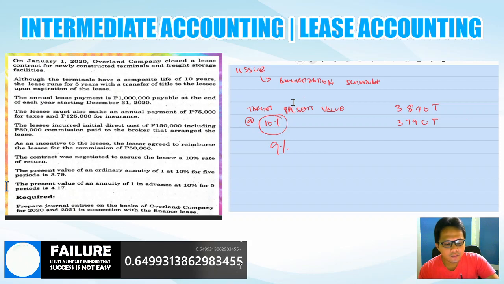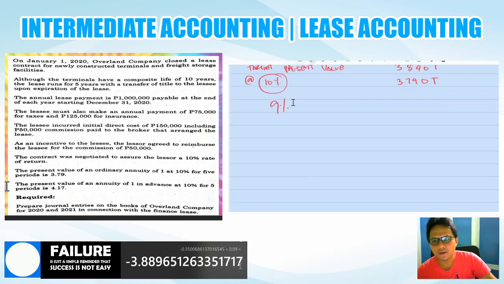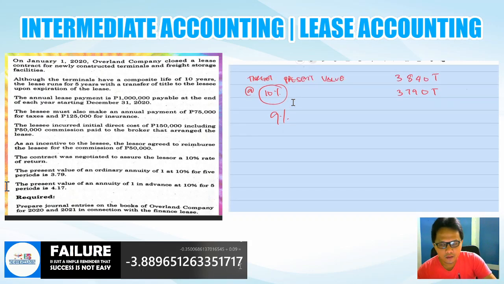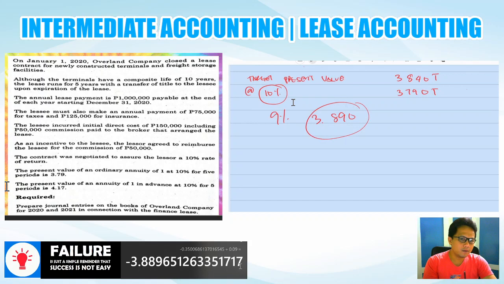If we deduct 1 from that, disregard the negative value, then divide with the rate 0.09, we have a present value factor of 3.890. Present value of an ordinary annuity at 9% for 5 periods. Multiply that by the rental payment of 1 million, okay? And by the way rounded off to 3 decimal point lang yan siya.